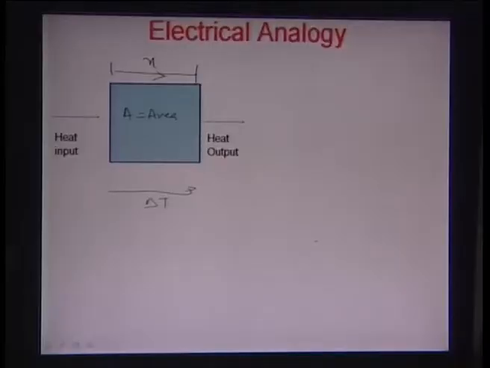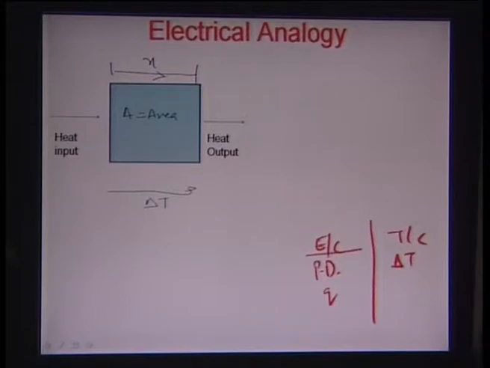If we consider the equivalent model that we drew earlier between the electrical circuit and the thermal circuit, the potential difference in an electrical circuit corresponded to the delta T, or the temperature in the thermal circuit, and the charge Q in an electrical circuit was equivalent to the heat in the thermal circuit.